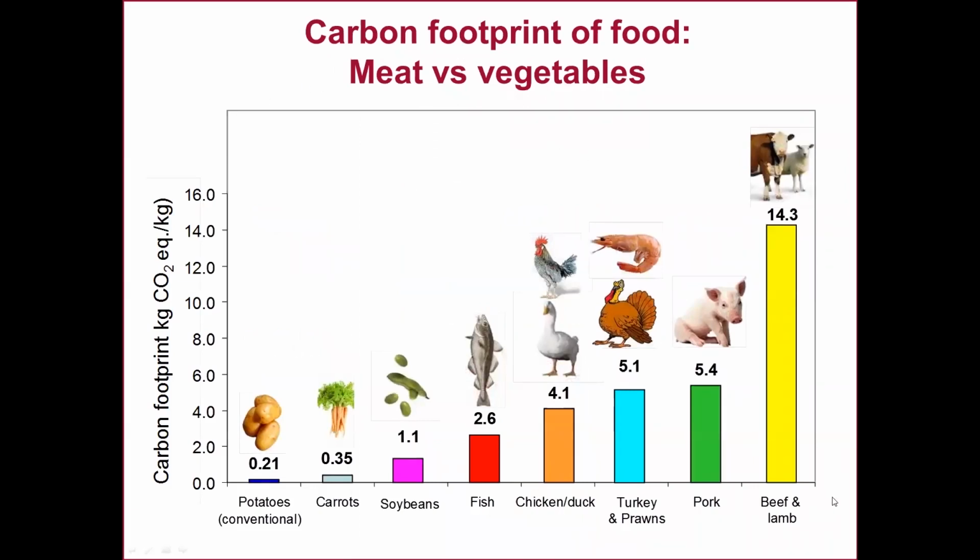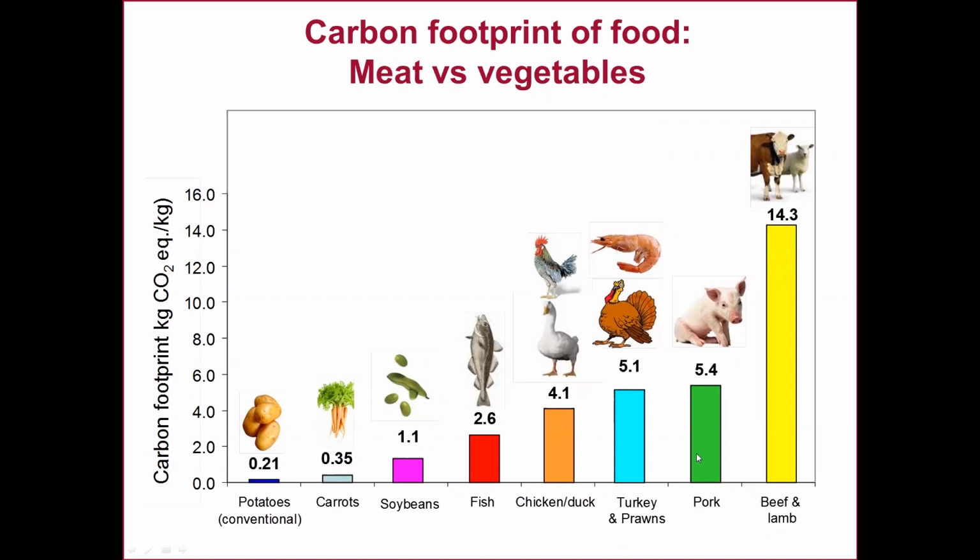And this slide shows a comparison of carbon footprint for some day-to-day food items, and shows a comparison between meat versus vegetables. As we can see, beef and lamb are at the highest end with a carbon footprint impact of around 14.3 kilograms, largely because of the methane emission from enteric fermentation, but also because they require a lot of feed to grow.